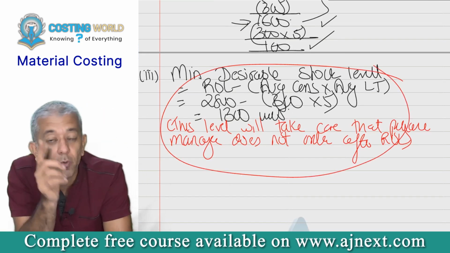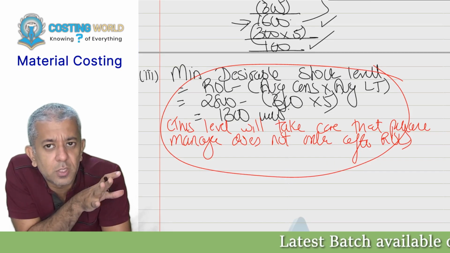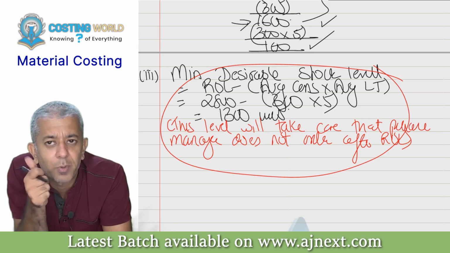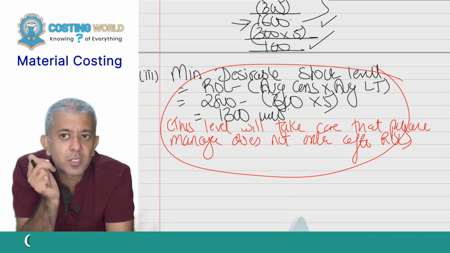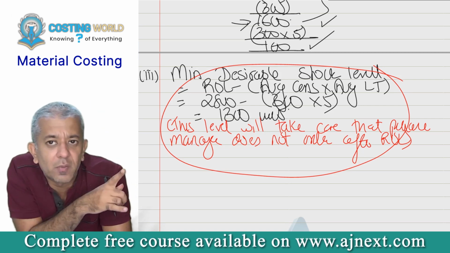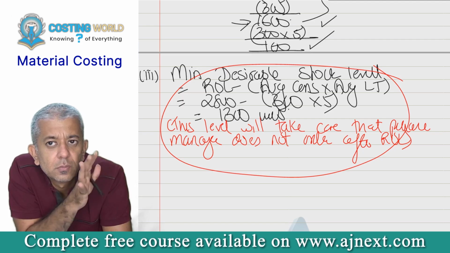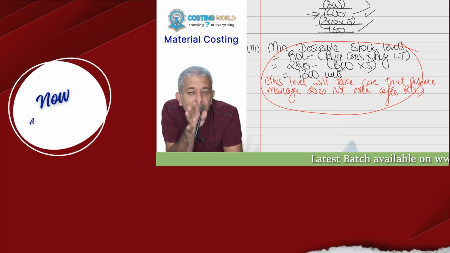You don't want to get caught. You order at 2,800. In any case, if you order at 2,800, we all are absolutely happy. So minimum and maximum will take care that the purchase manager is forced to order at what level? That is reorder level. Is that all understood? Please tell me once, everybody.